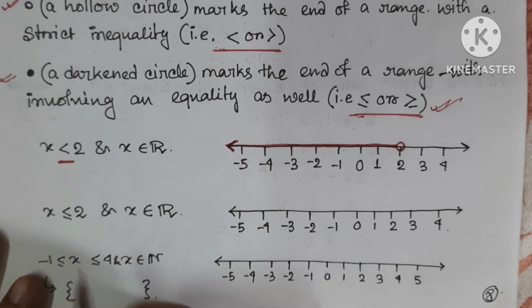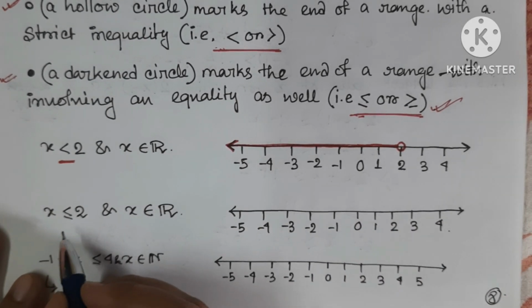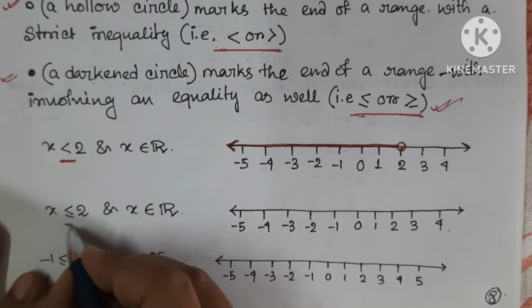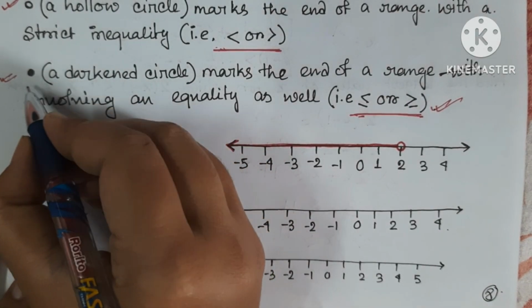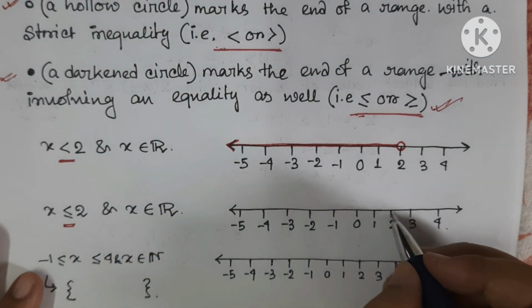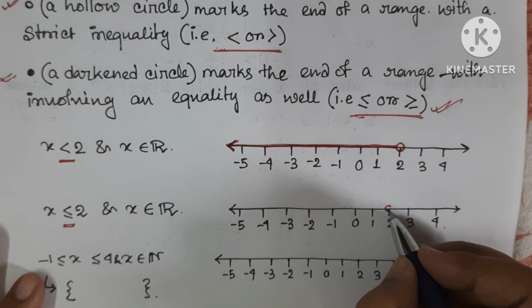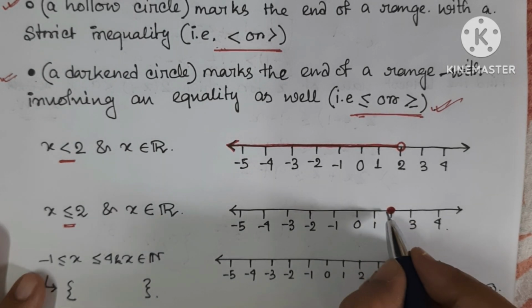See, x is less than or equal to 2. So here, less than or equal to 2. This notation means you have to use this darkened circle at the end of the range. That means here you have to do this.